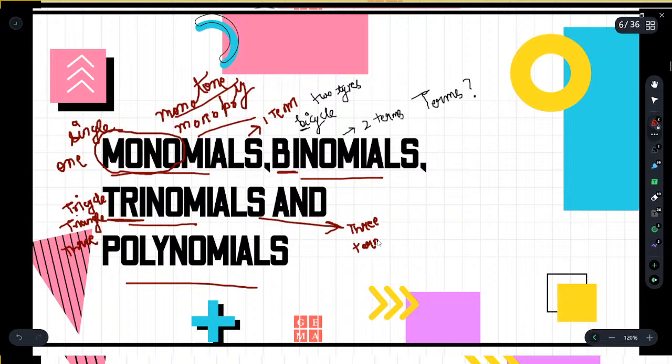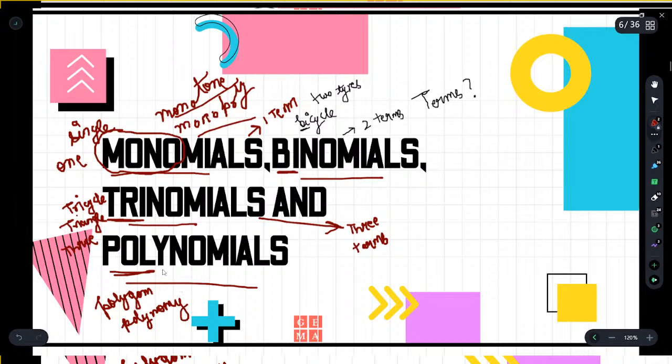And what's next? Polynomial. Yeah? Polygon, polynomial. All these words have poly in them, right? So what does this poly mean here? More than one, right?